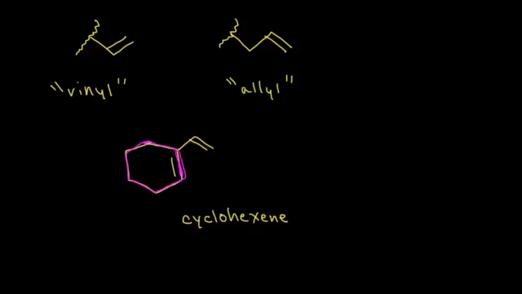So I could make this carbon number 1 on my ring, or I could make this carbon number 1 on my ring. And I think with the experience we have so far, it's obvious that I want to make the top carbon number 1 to give my substituent the lowest number possible. So now I have my substituent on carbon 1, and that of course is a vinyl group, right?